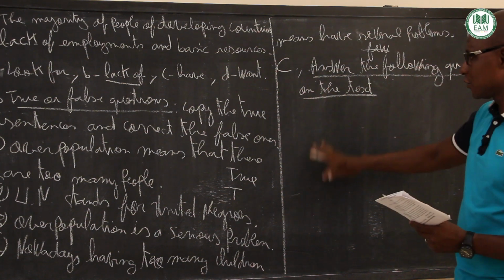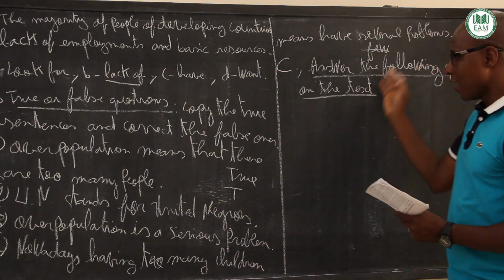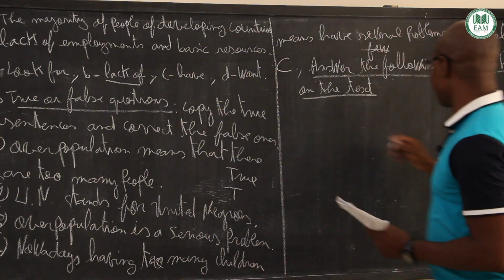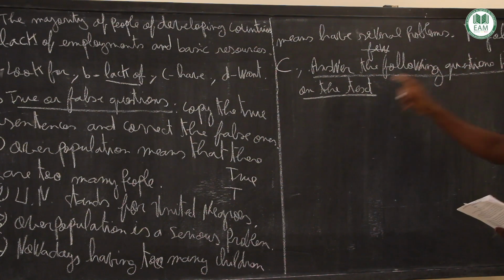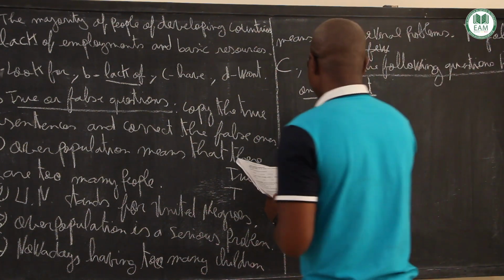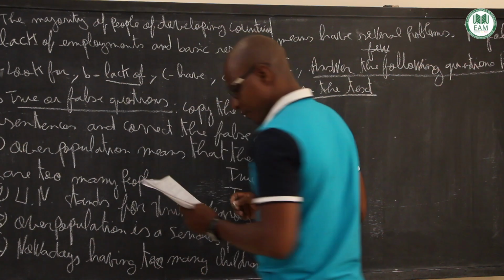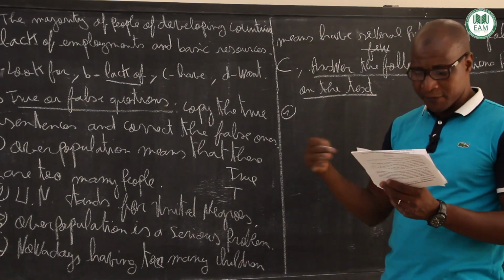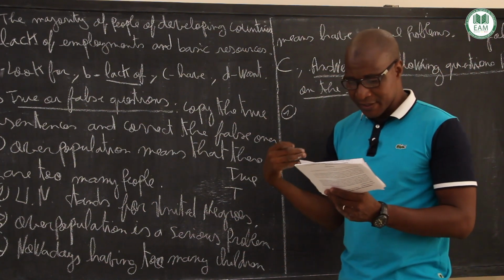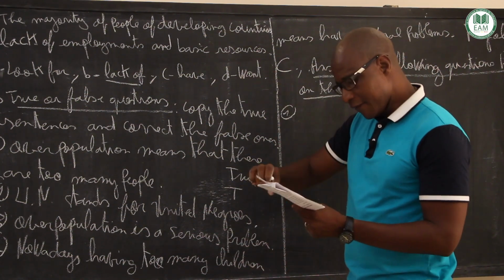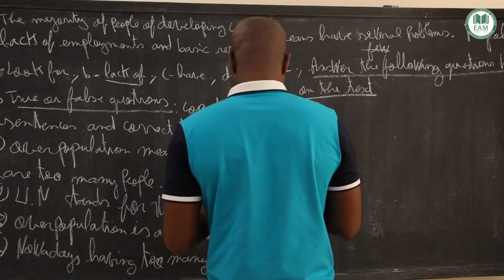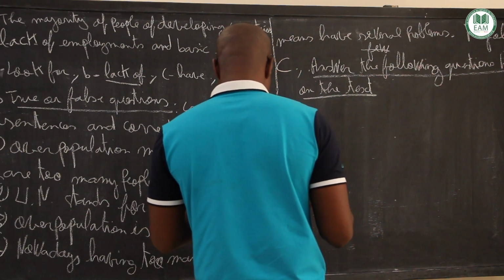Here, example, we have two questions, and the answers are necessary in the text. That's why we say based on the text. And here we have number one. The question is, what is the consequence of lack of employment and basic resources?